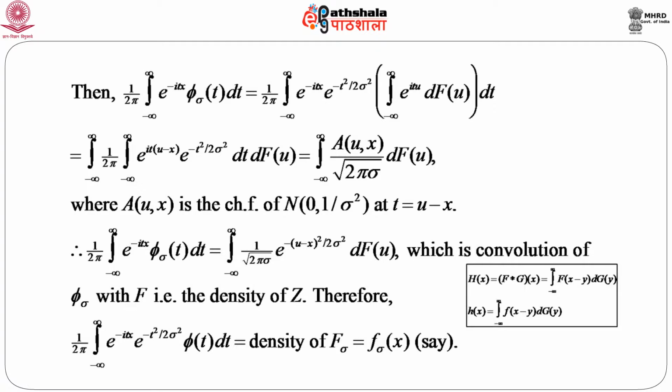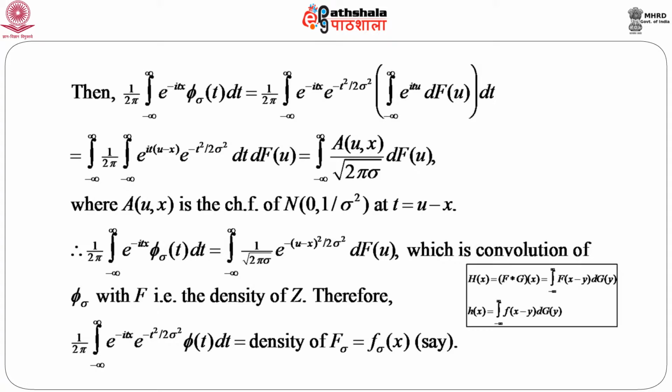So, we are basically changing the order of integral, obviously by Fubini's theorem, and we can write this entire thing as minus infinity to infinity a u x divided by root over 2 pi sigma into dF u. If we do just simplification, we will see that this a u x is nothing but the characteristic function of a normal 0, 1 by sigma square variable at t equals u minus x.